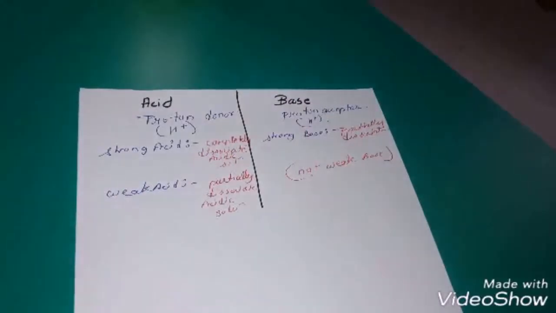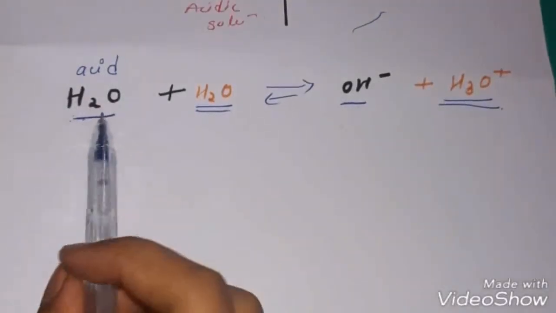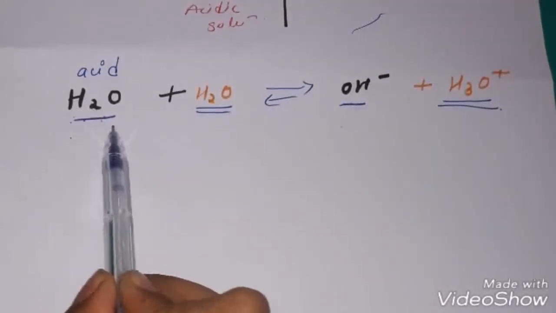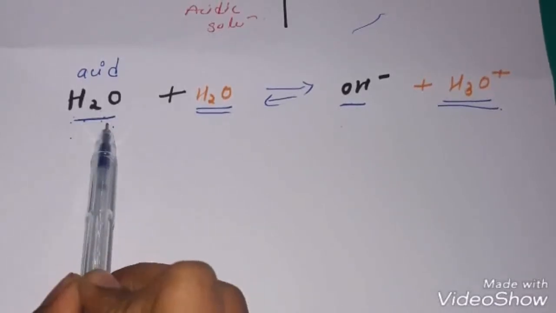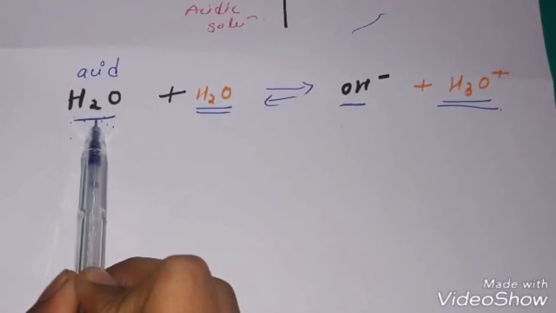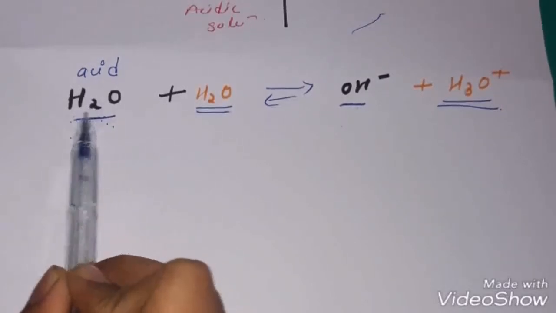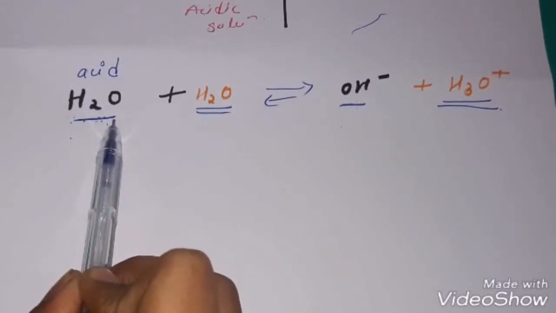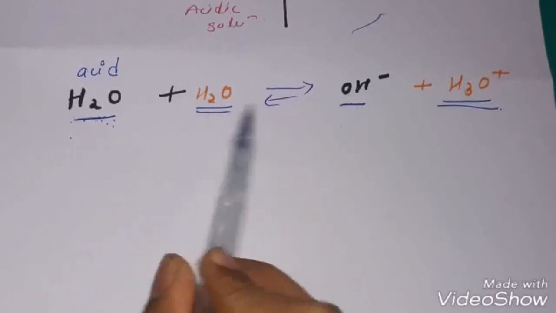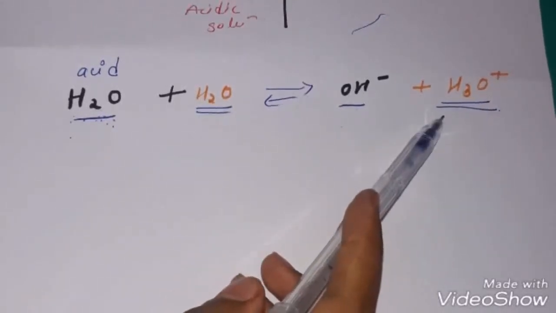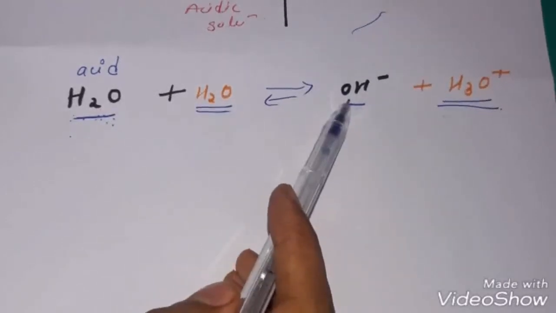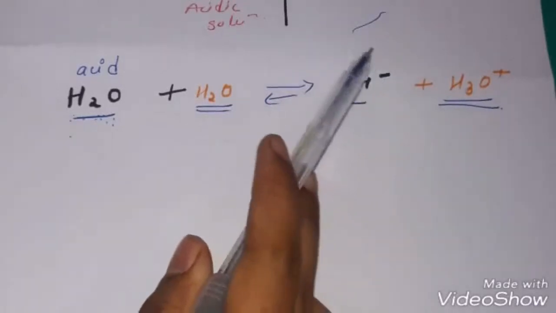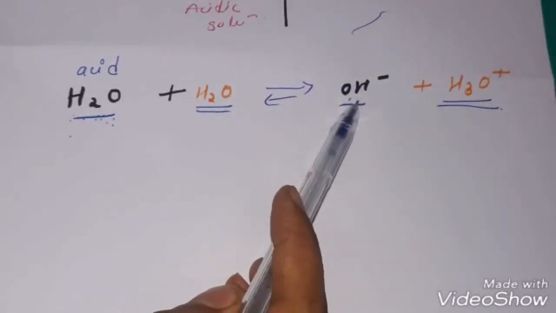Okay. So here you can see one equation. Here water is acting as both acid and base. So the portion which is highlighted with black, here water is an acid. It donates its proton where it generates H3O plus and it is free as OH minus.